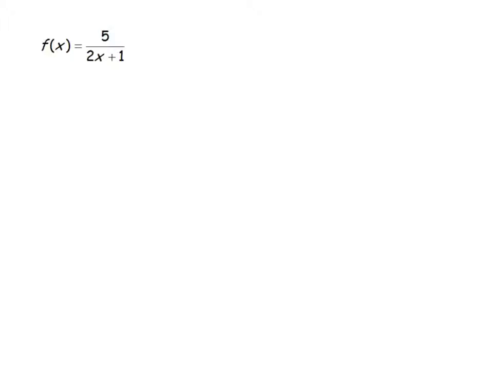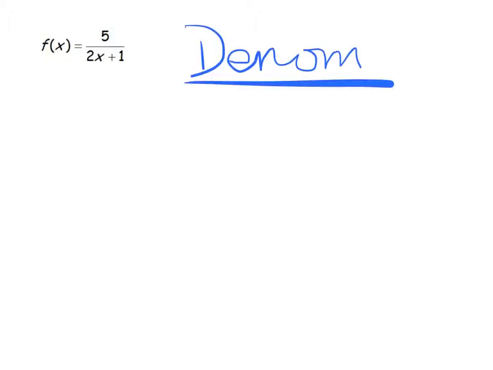The function f of x equals 5 over 2x plus 1. In this one we notice that there's no square roots, but we do have a denominator that we need to be careful about. The rule is that this function structurally looks like 5 divided by some quantity. We need this quantity, whatever it is, to not be equal to 0.